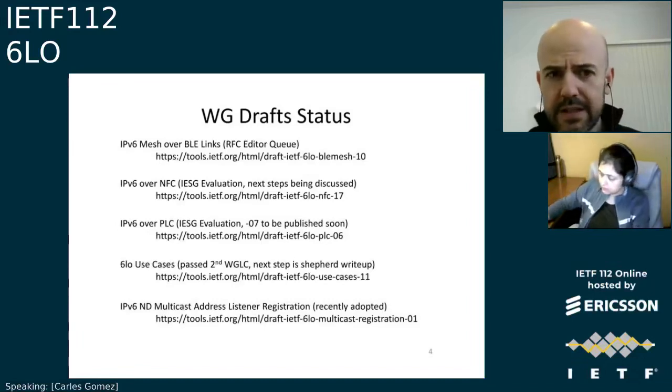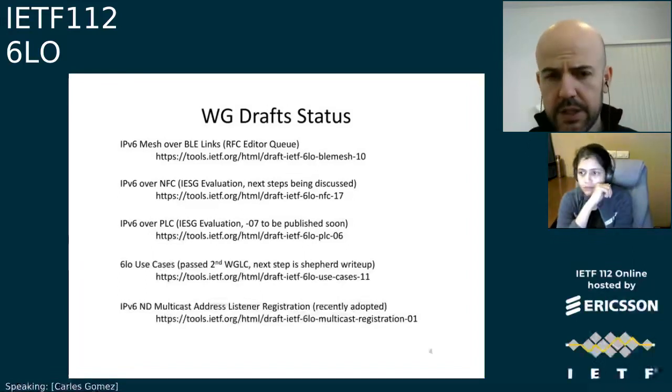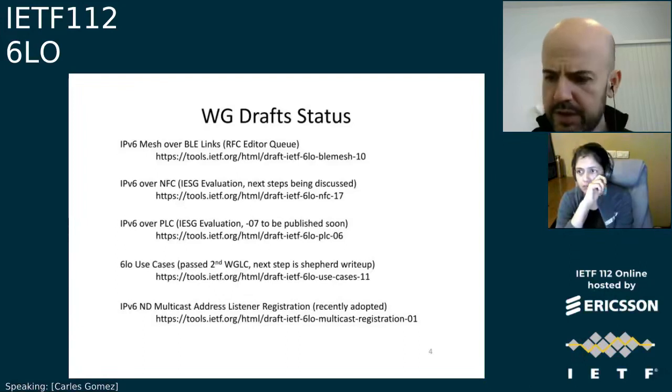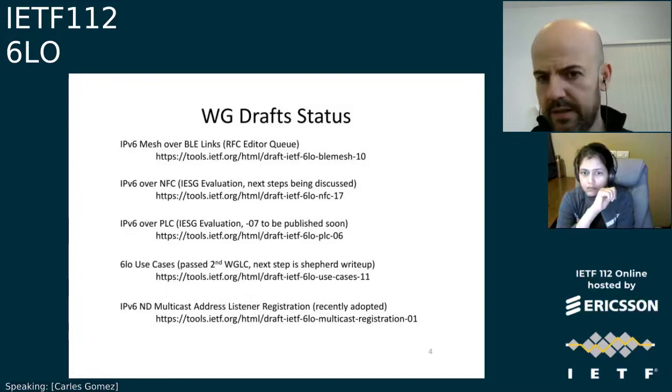Then the next document that has been evaluated by the ISG more recently is IPv6 over PLC. So there are at the moment 3 outstanding discuss ballots, and there were several comments. The authors have a plan to submit a revised version of the draft in roughly 2 weeks, and at the moment have already replied to most of the comments.